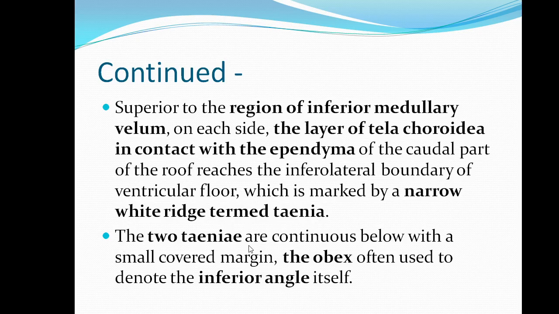The two taeniae are continuous below with a small covered margin, the obex, often used to denote the inferior angle itself.